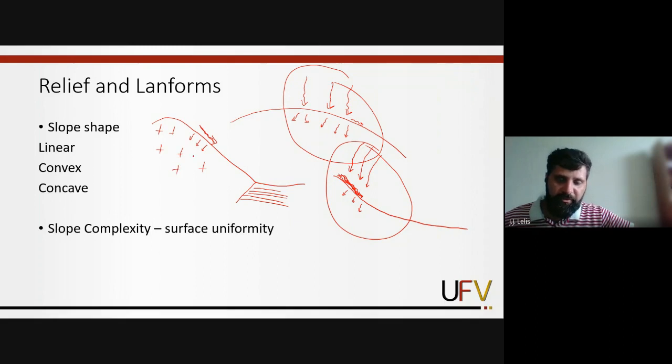So we have different rocks in contact, so we can find this linear shape, but these two shapes are the most common examples that we can find in the landscape, okay?